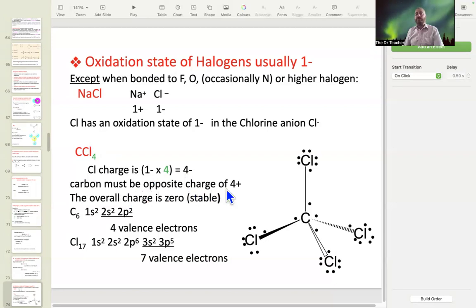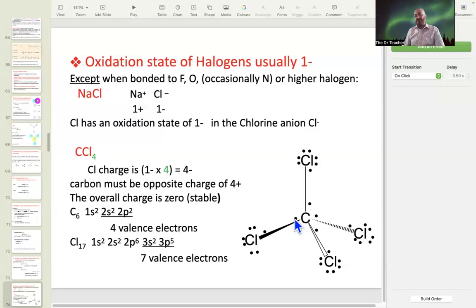Carbon must have the opposite charge of +4, because the chlorines got 4 electrons from the carbon. So the carbon lost 4 electrons, and the 4 chlorines got 4 electrons in total. So now each chlorine here will become -1.